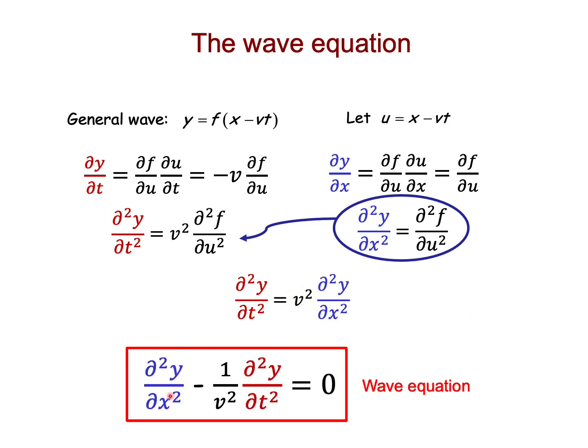And with just a little bit of rewriting, this gives us the form of the wave equation. So the wave equation takes a variable y, or an observable y, that has both a time and a space dependence, and any valid wave is a function that satisfies the condition that taking its second derivative with respect to x and subtracting its second derivative with respect to time multiplied by 1 over the velocity squared gives us 0.